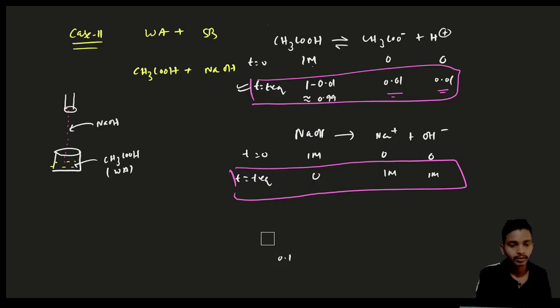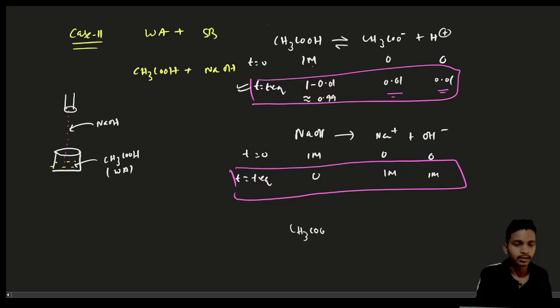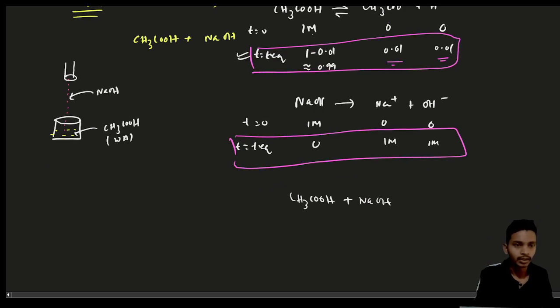So let's say first, whenever you are reacting CH3COOH plus NaOH, it means here a very small amount of CH3COO minus and H plus is there, but this is a very high amount. This is Na plus and OH minus, a very high amount.